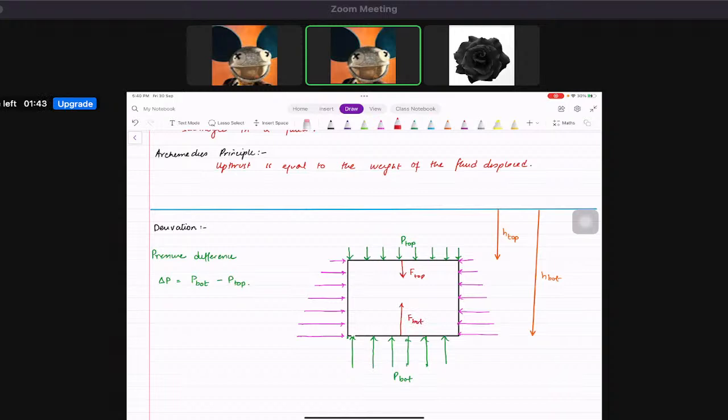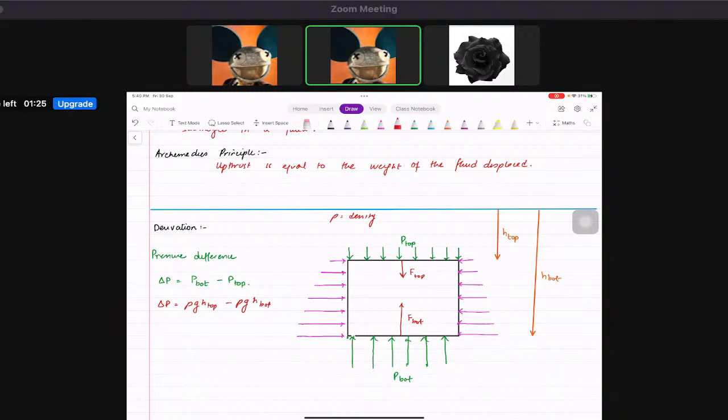So what you can do is write the pressure difference as rho g h bottom minus rho g h top, and I just want to tell you this rho is the density of whatever the liquid is. Currently we're taking it as water.